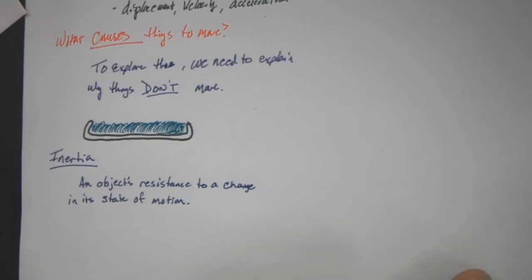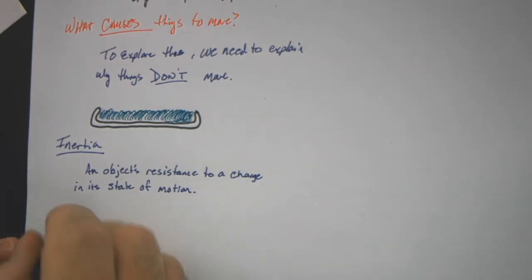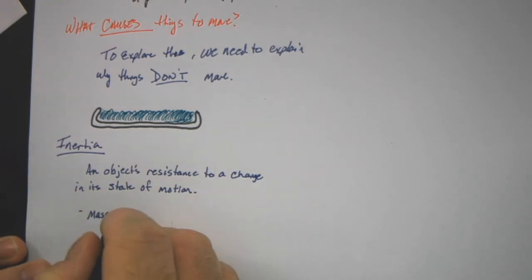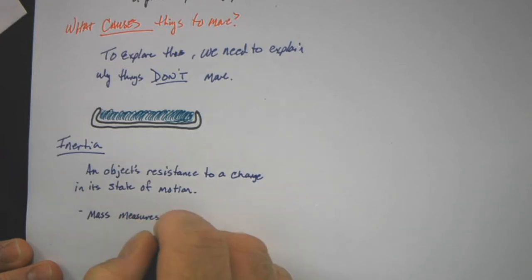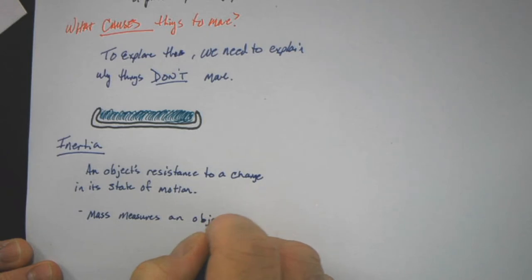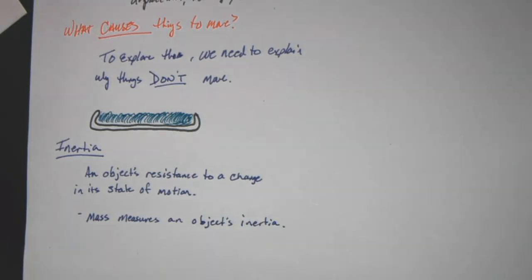And we have a way of measuring this. How much inertia does something have? How resistant will it be to a change in motion? And we call that measurement mass. Okay, so mass measures an object's inertia.